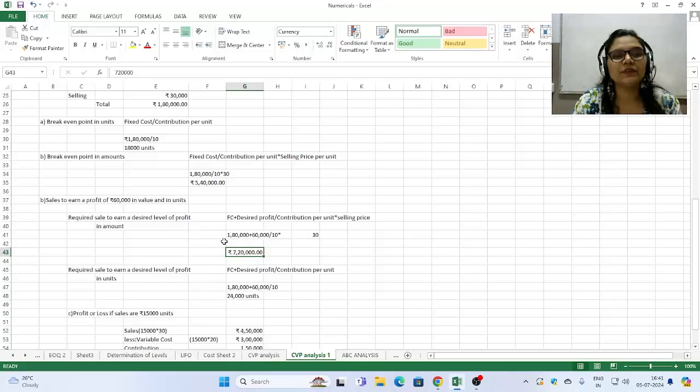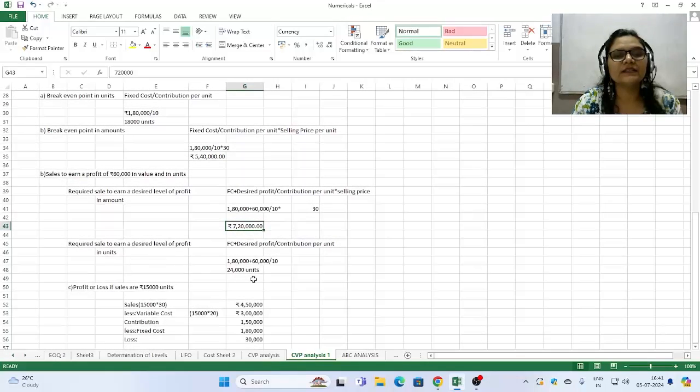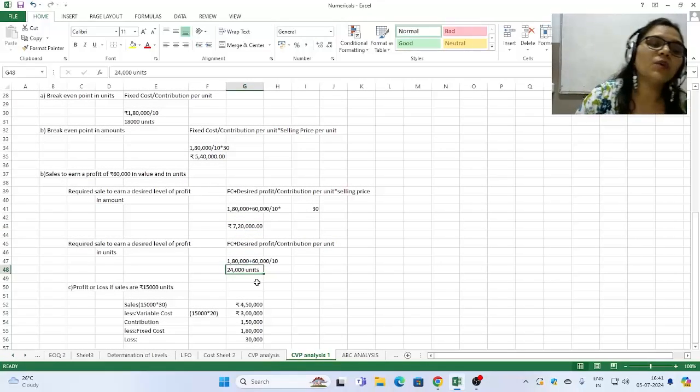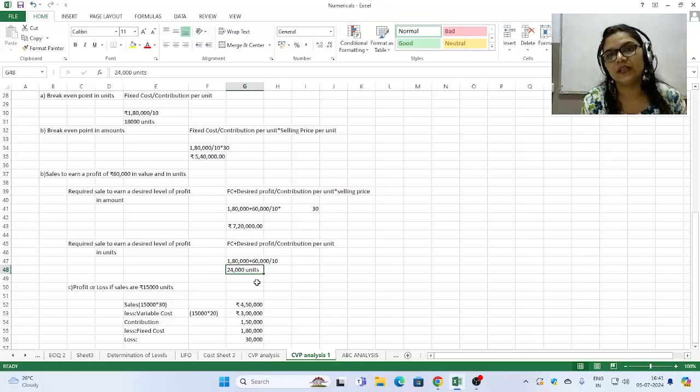Similarly, if you want this in units, you will remove selling price from the formula and take the simple formula fixed cost plus desired profit upon contribution per unit. So you will get the answer of 24,000 units. Now what they are saying is, if the company's sales are increased to 15,000 units, will it earn profit or loss?